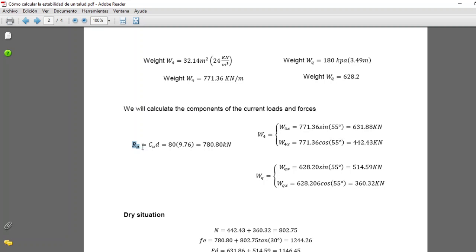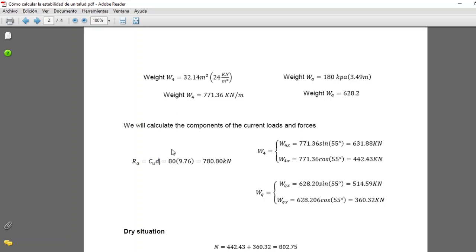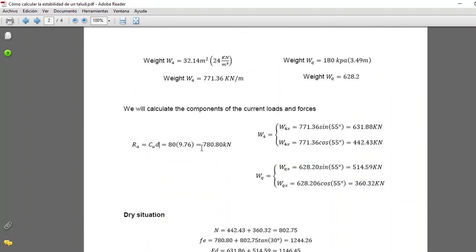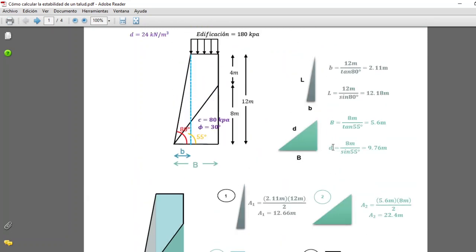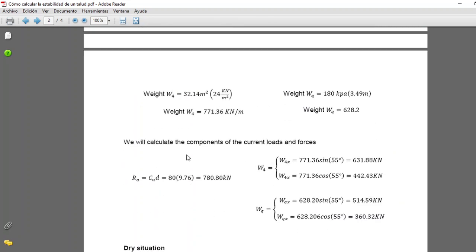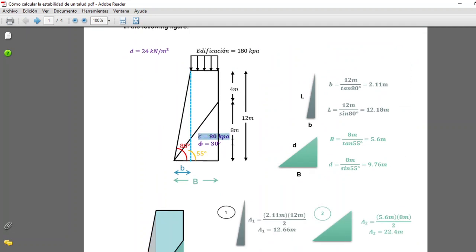We need to calculate first this data, RA, and we need to multiply c by D. If you ask what D is, we can see that we use this letter c, that is another parameter, and that is 80 kPa.